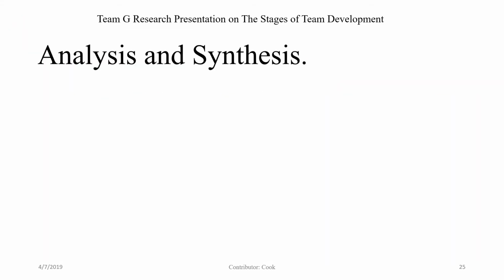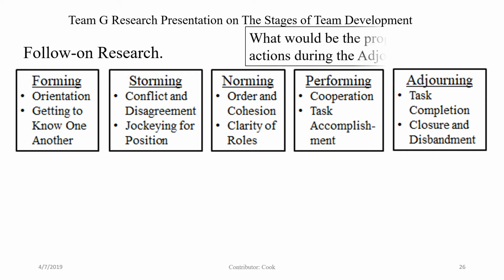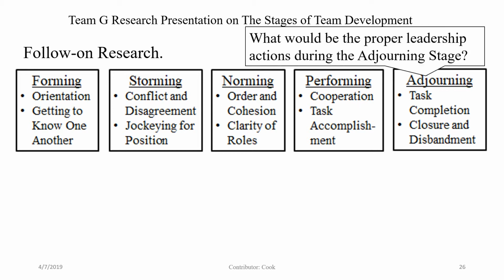Now let's see if we can gather up these lessons learned and correlate and synthesize them into something team leaders and members may use. This presentation is just the beginning of the study of the life cycle of a team and its 5 stages of development. 3 follow-on studies could be: what would be the proper leadership actions during the adjourning stage?